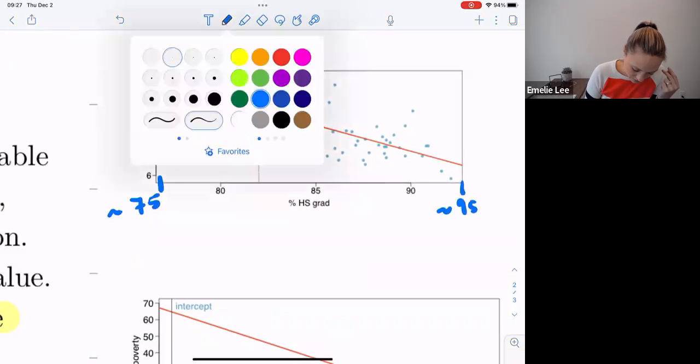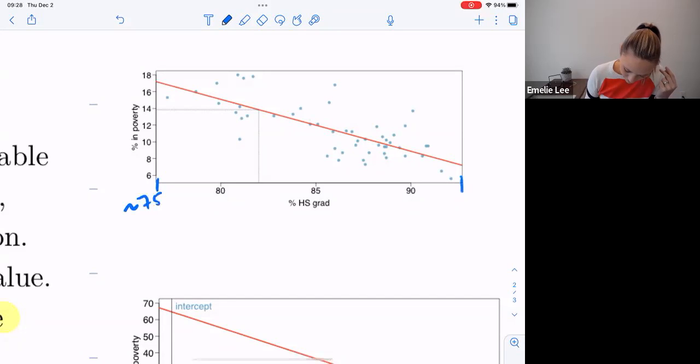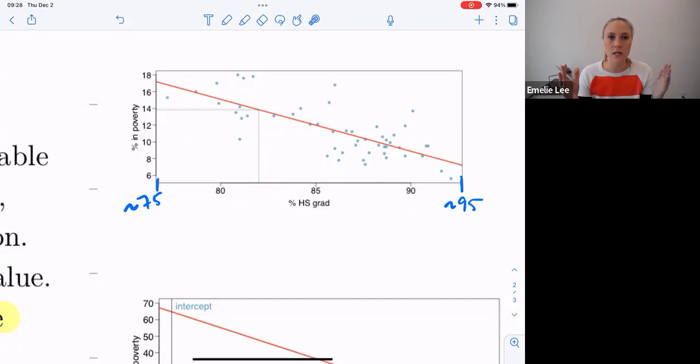I need a smaller pencil here so you can see. So we built this line using x's between 75 and 95, and in this case it's percent.